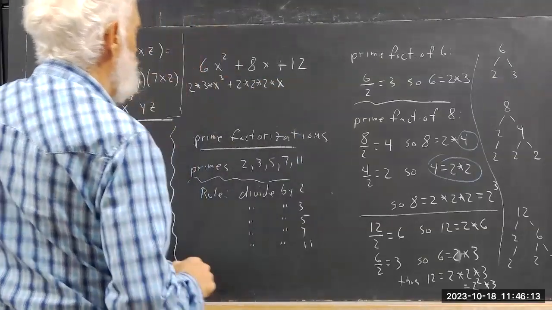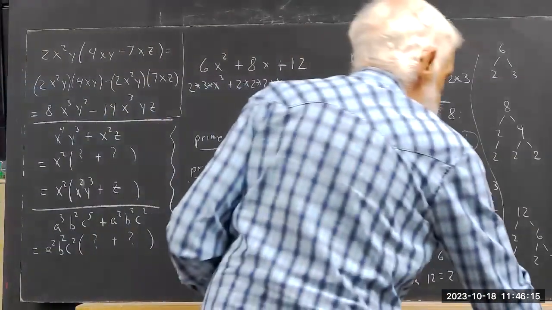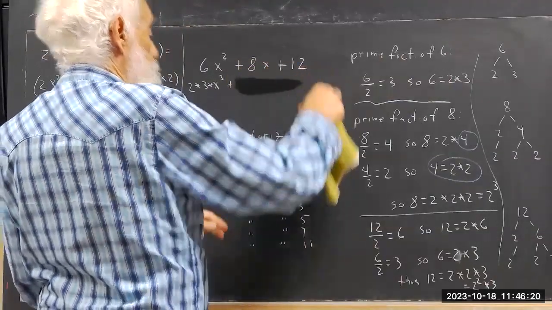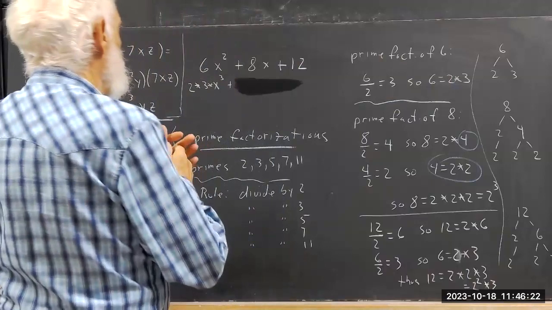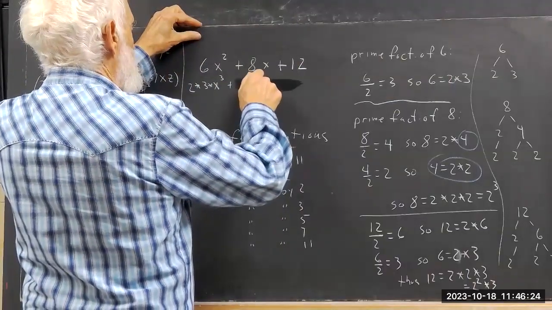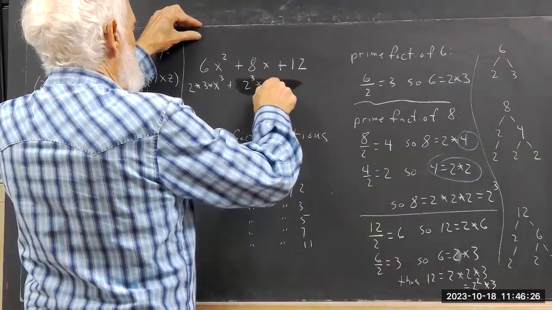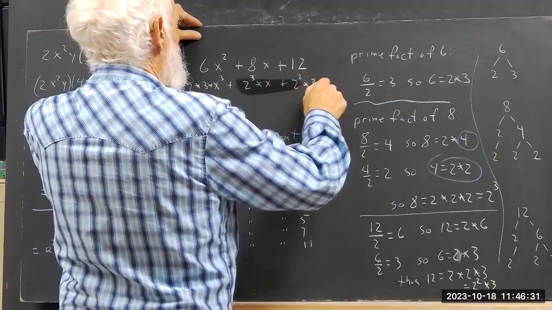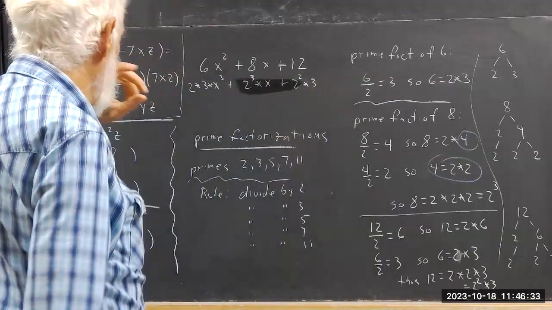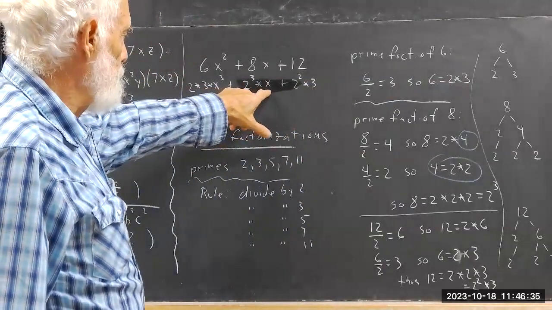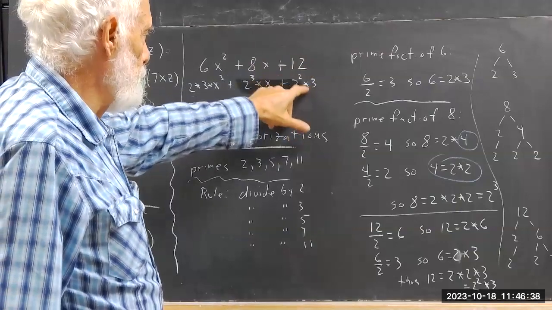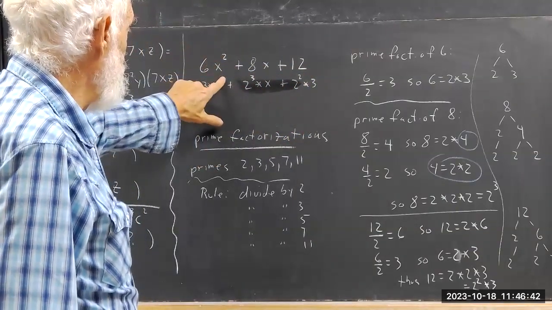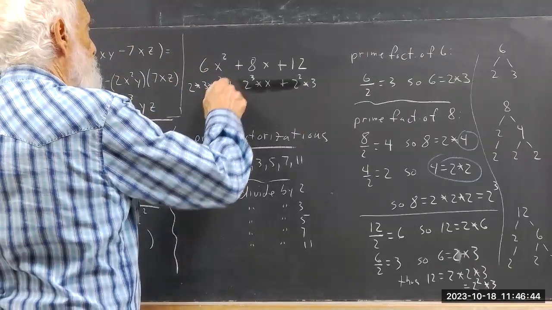And then 8, I don't want to write it that way. I want to write it as 2 cubed. Okay, so I've got a 2 cubed times x here, the 2 squared times 3 here instead of the 12. Of course, I've still got my x, and I've still got my x squared, not x cubed.